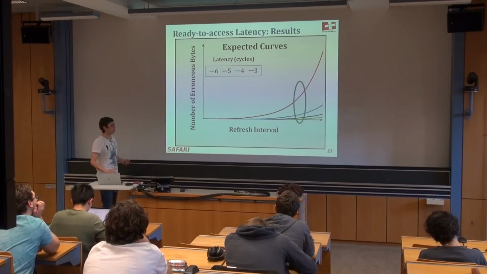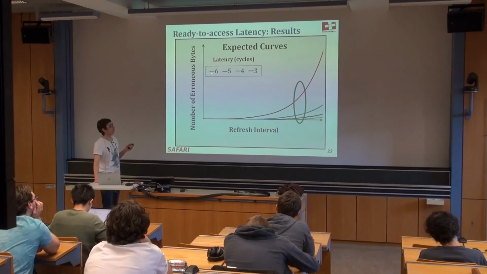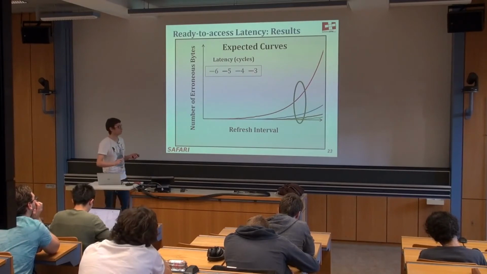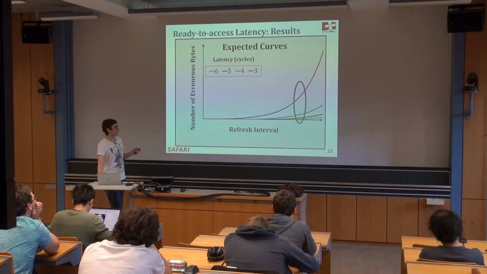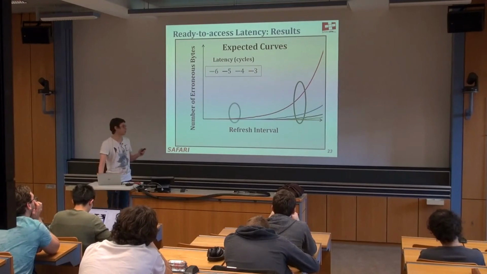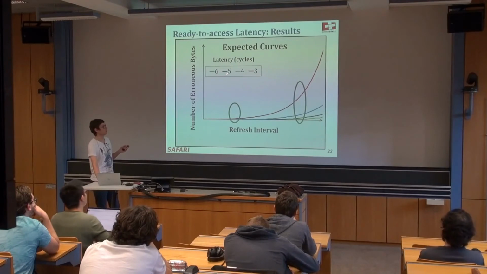What should happen is, at this point, while it is safe to read back the data with high tRCD, with 6, at this refresh interval, we get errors when we reduce the tRCD. This is the case where the cells are not highly charged.